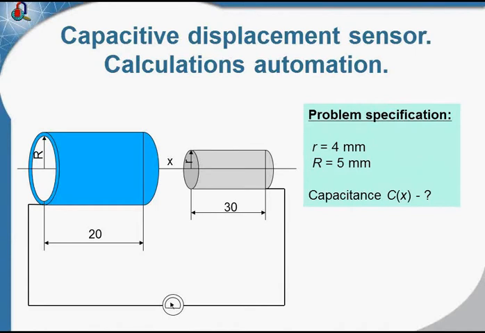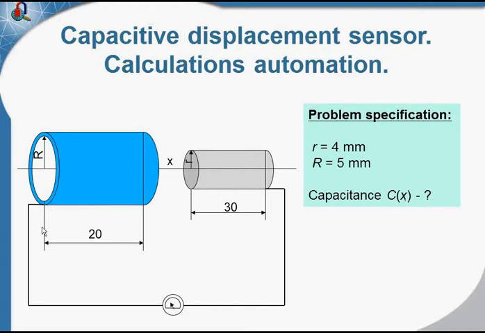One of the cylinders is fixed and the other cylinder can move inside and outside from the other cylinder. And essentially, naturally, the capacitance depends on the position of the cylinder. And our task is to calculate how the capacitance depends on the position.